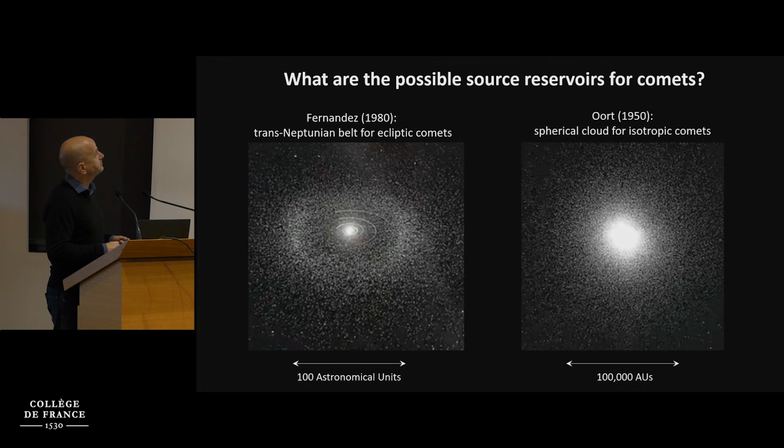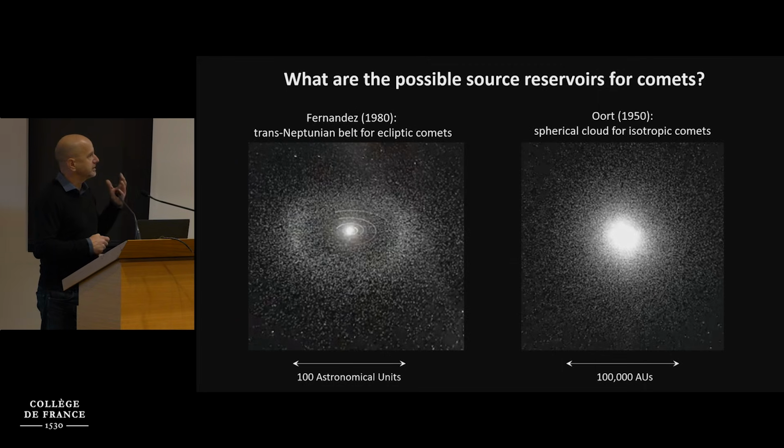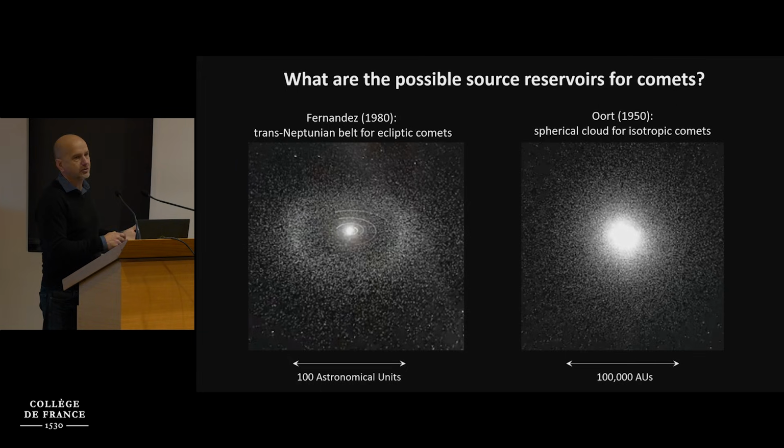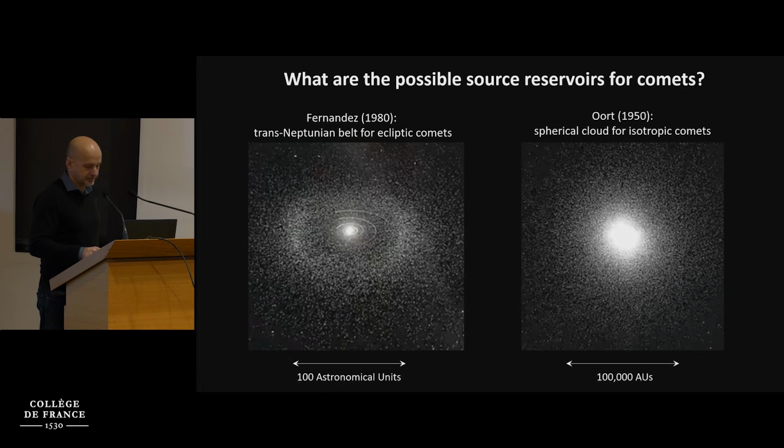Those are the proposals: that the ecliptic comets are coming from the trans-Neptunian disk and the isotropic comets from the spherical cloud. And what we would like to know now is how in the early solar system you can form the trans-Neptunian belt and how you can form the Oort cloud, how it happened in the first place, to make sure that we understand things.